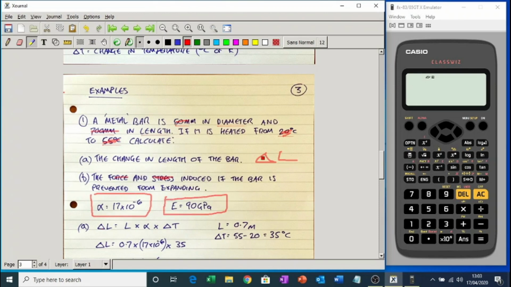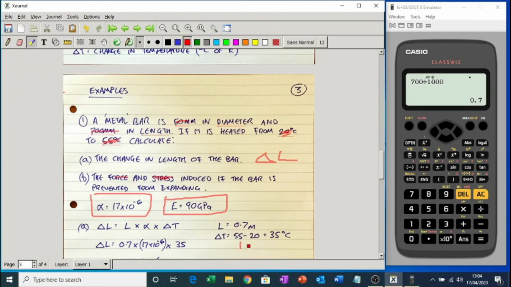So we need to find the change in length first, which is original length times coefficient of expansion times change in temperature. The length is going to be 0.7, because there are 1,000 millimeters in a meter, so 700 mm is the same as 0.7 m. The coefficient of expansion is here, and the change in temperature is 55 down to 20.